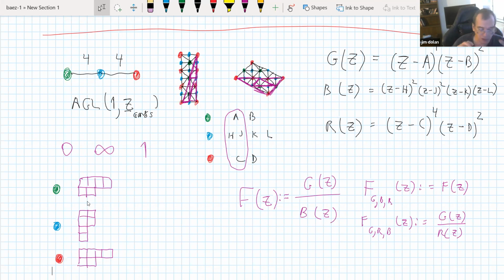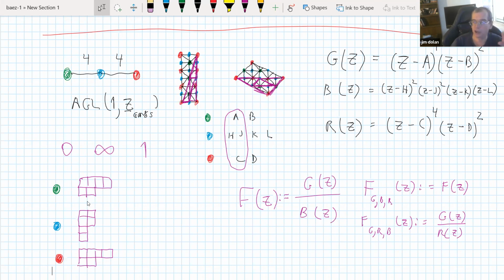But to begin with, just to get it down to a dimension 0 intersection, all we're doing is putting in separate information about the greens, separate information about the blues, and separate information about the reds. I call it the vertex censuses.